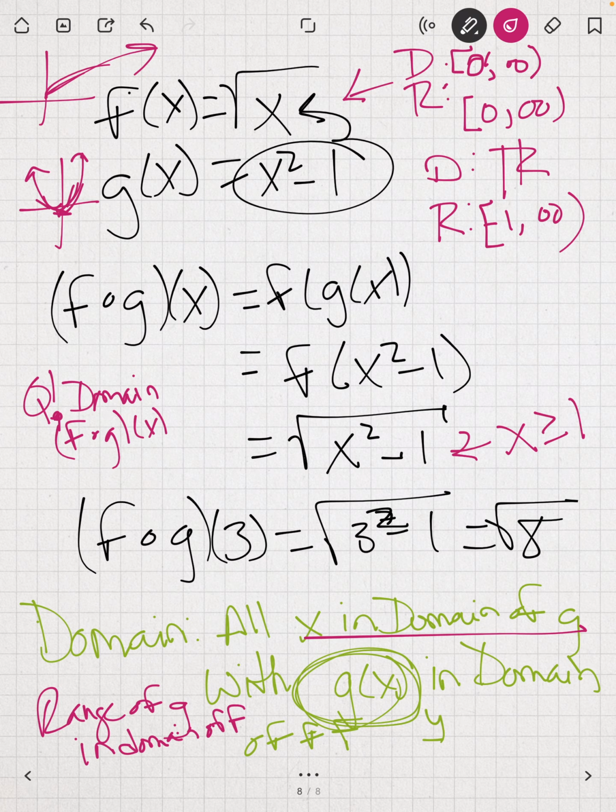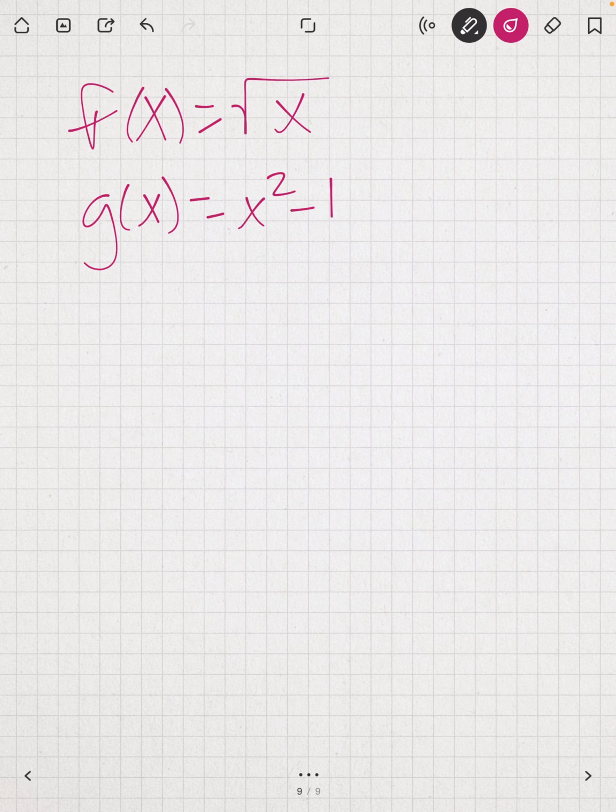And so we have f of x, the square root of x, and g of x was what? It was x squared minus 1. And then I'm going to graph them both together now.